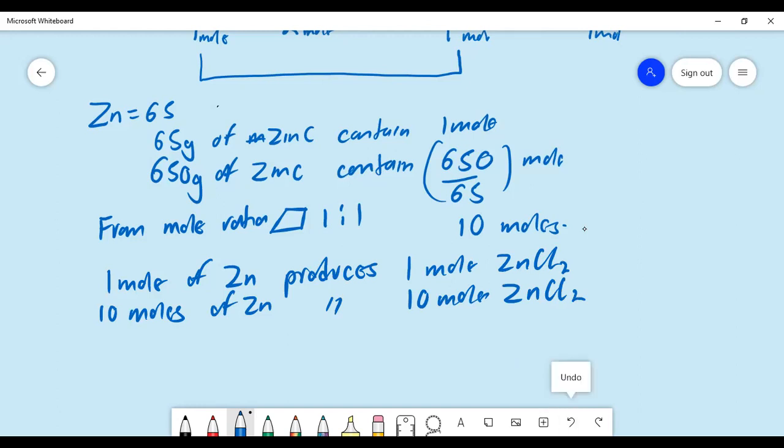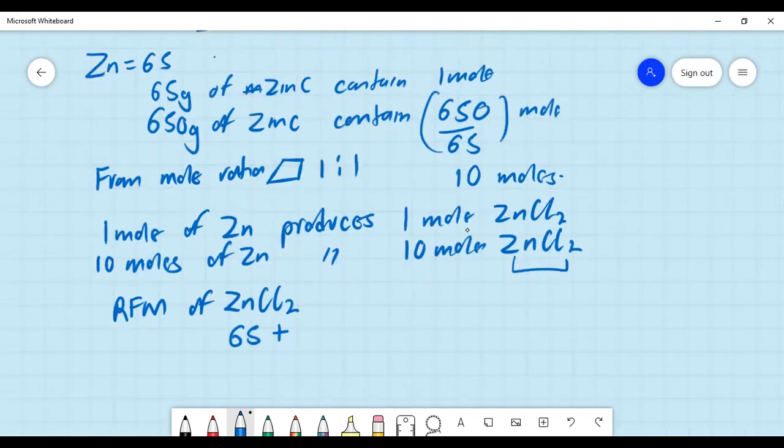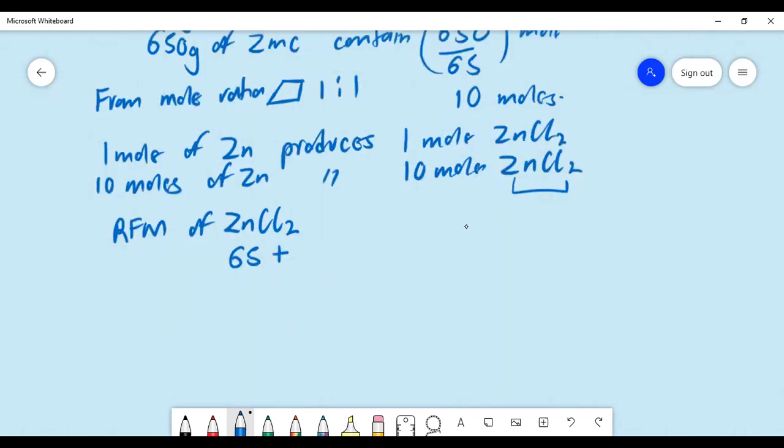That's what they want. That means, first of all, we shall look at the formula, remember. The relative formula mass of zinc 2 chloride now. Zinc is 65, plus chlorine is 35.5. Any question? Okay. So this is 35.5 times 2, giving us 71.